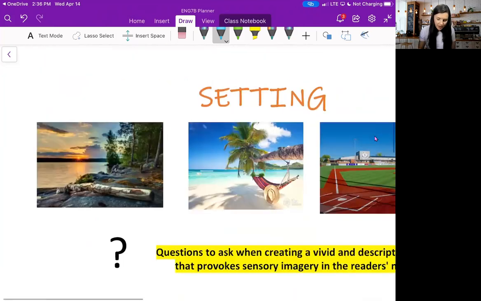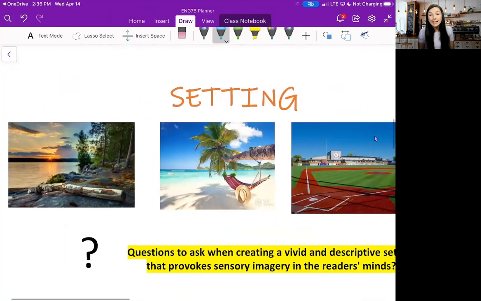Now, let's talk about setting. When you're creating your personal narrative or any type of narrative, story, you need to have a setting. So when you look at these pictures, don't you have an image in your mind of, wow, I wonder what's going on in the story in this setting? Okay. And notice that these settings require descriptive language.